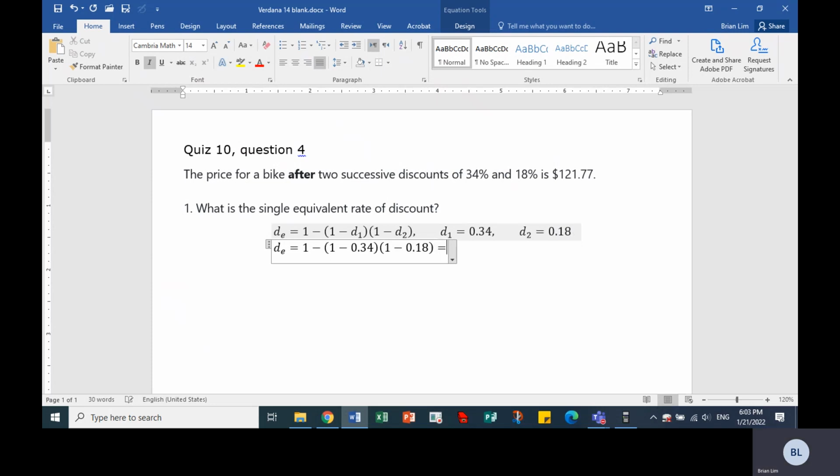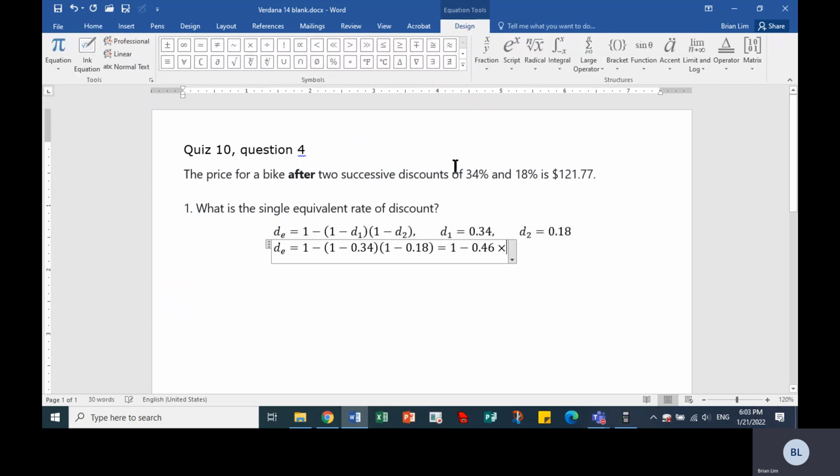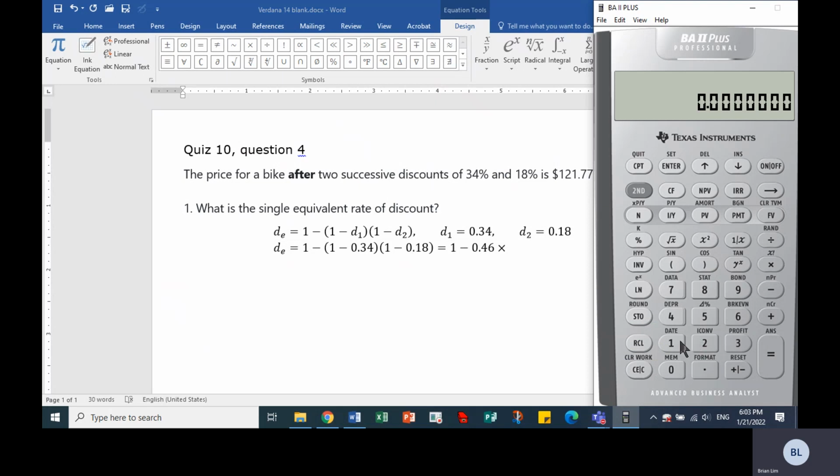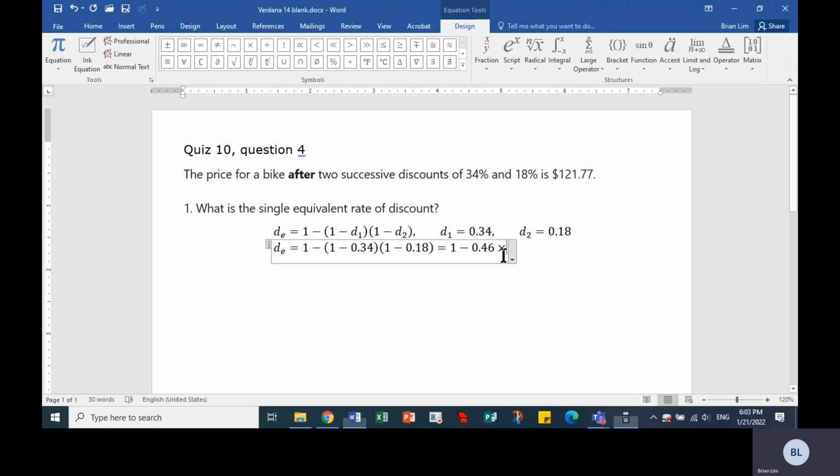So that would be equal to what? 1 minus 0.34 gives us 0.66, and if we wish we could use the calculator, 1 minus 0.18 would give us 0.82.